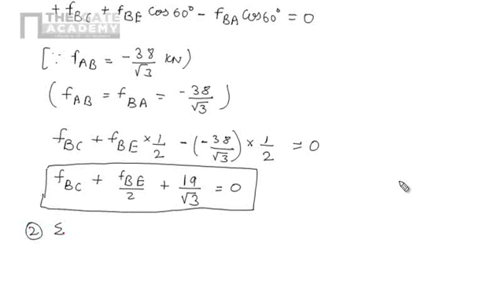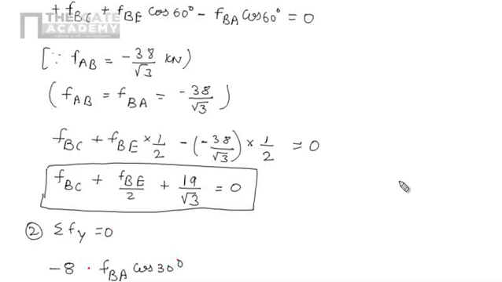Similarly, the algebraic summation of all vertical forces should be 0. In the vertical direction, there is a vertical downward force, which according to our sign convention is negative, so minus of it. There will be a component of FBA, that is FBA cos 30 degrees.